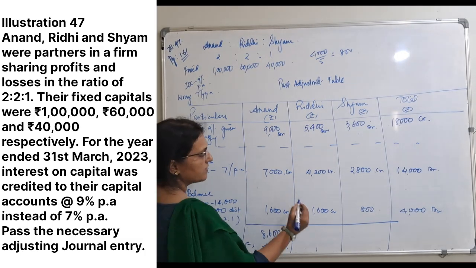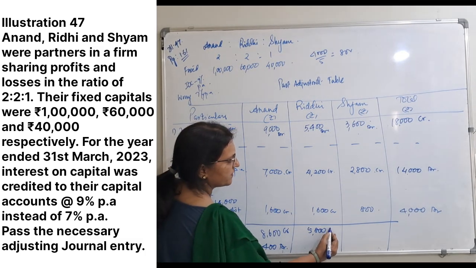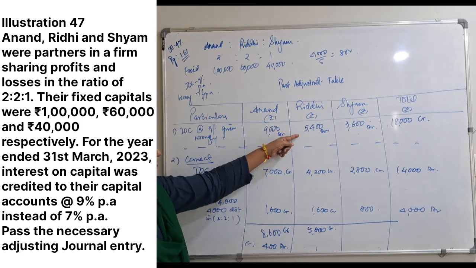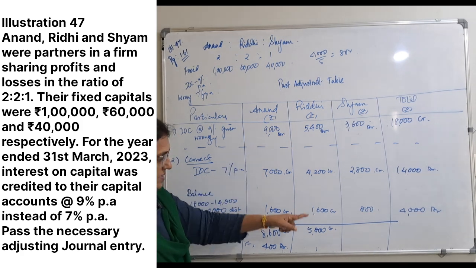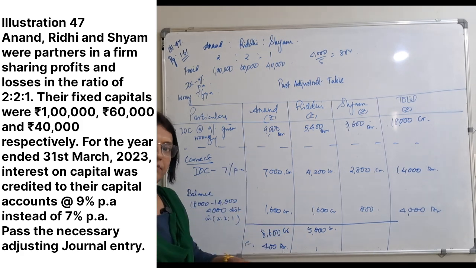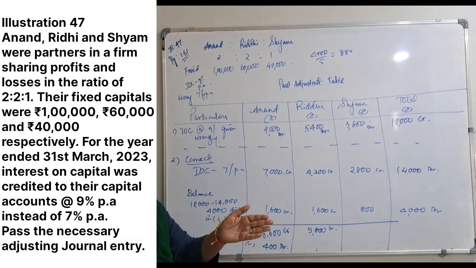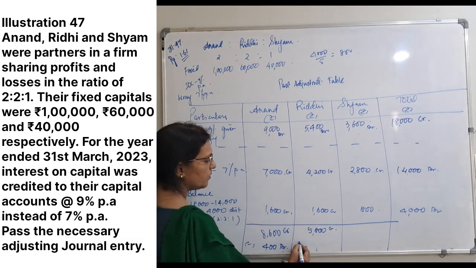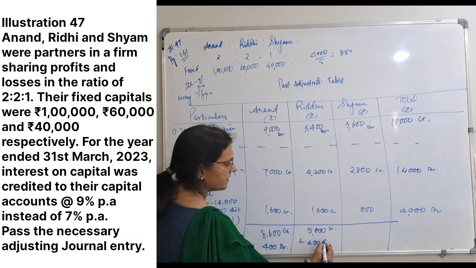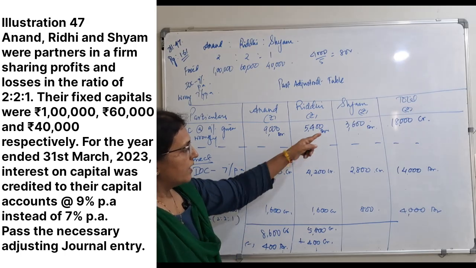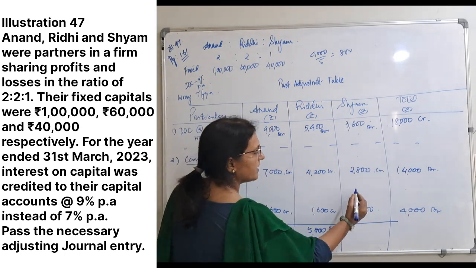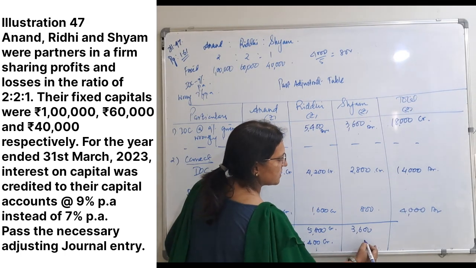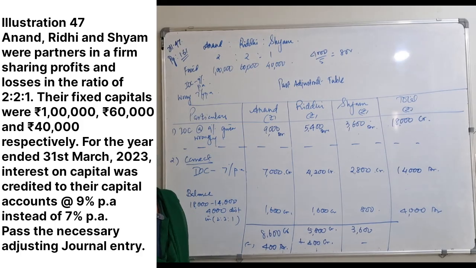The other one's total is 5,800. He got 5,400 but is supposed to get 5,800. We want to give him 400 more. His capital will increase, so plus 400 credit. Sham's was 3,600 and now it is also 3,600. No changes for Sham.